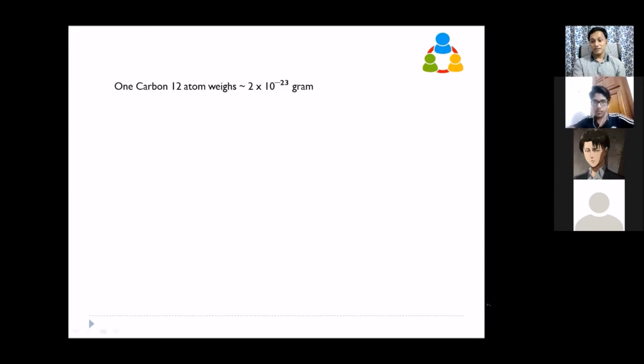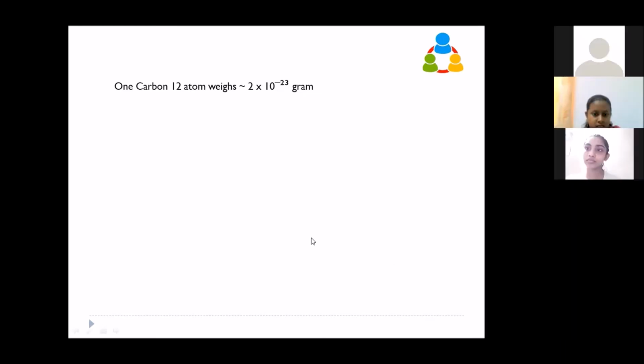That means that specific carbon has 6 protons, 6 electrons, 6 neutrons in it.